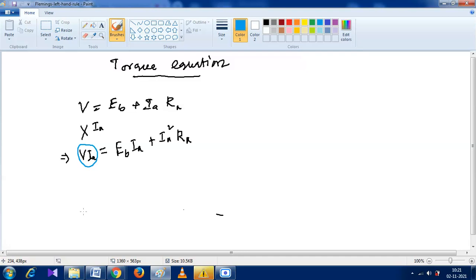The supply voltage. If we supply V voltage, and what is IA? The armature current. So can I say that this is input power?